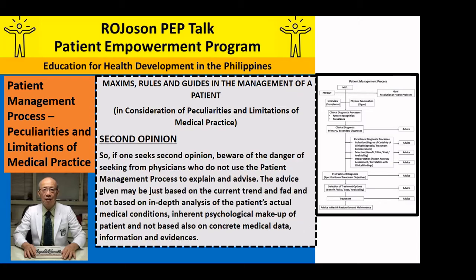So if one seeks a second opinion, beware of the danger of seeking from physicians who do not use the patient management process to explain and advise. The advice given may be just based on current trends and fads, and not based on an in-depth analysis of the patient's actual medical conditions, inherent psychological makeup, and concrete medical data, information, and evidences.